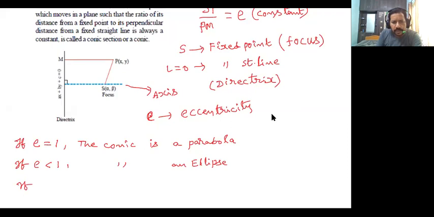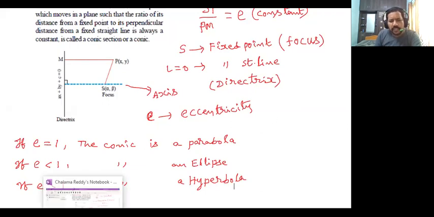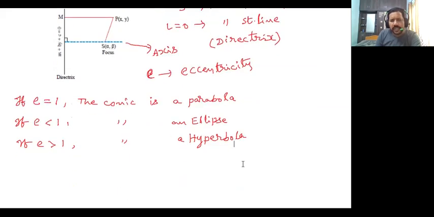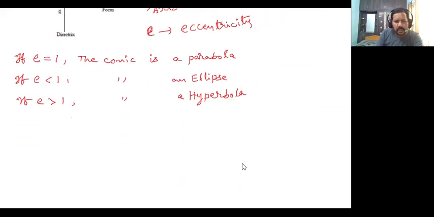If eccentricity is greater than 1, the conic is a hyperbola. E equal to 1 means parabola, less than 1 means ellipse, greater than 1 means hyperbola.